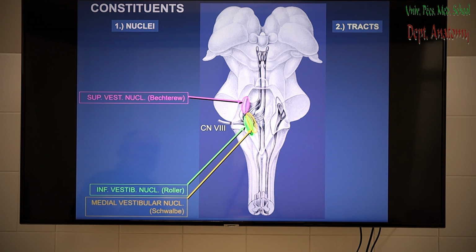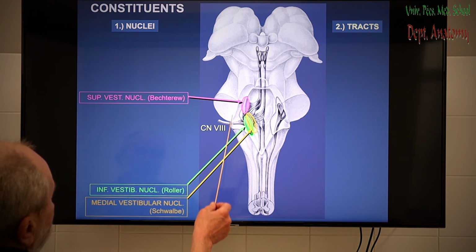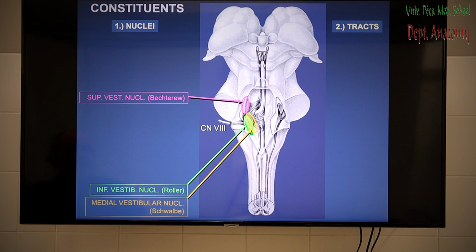These vestibular nuclei are four in number, and I only indicated three because these are the termination sites of the primary vestibular afferents. The fourth nucleus is not amongst them. There is one superior, one inferior, and one medial vestibular nucleus.